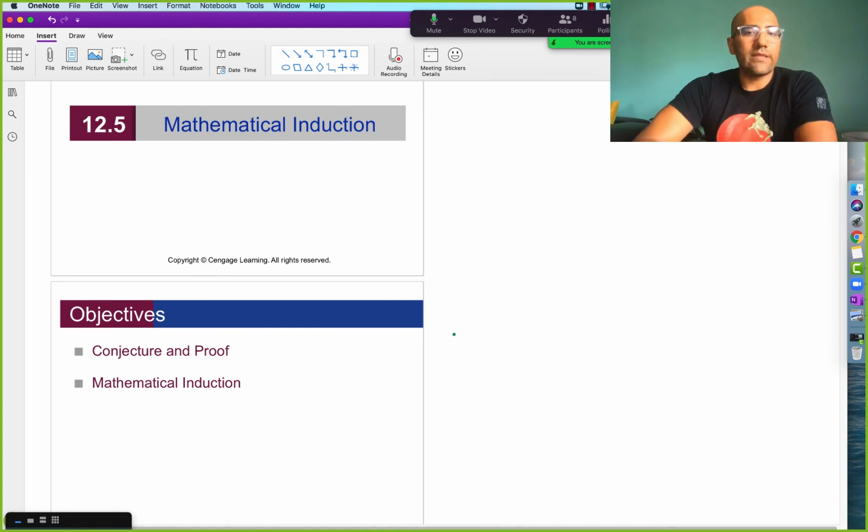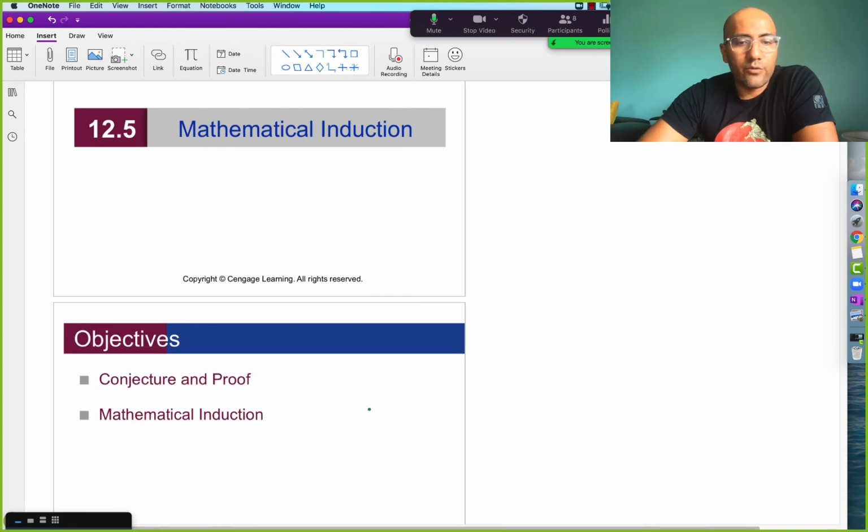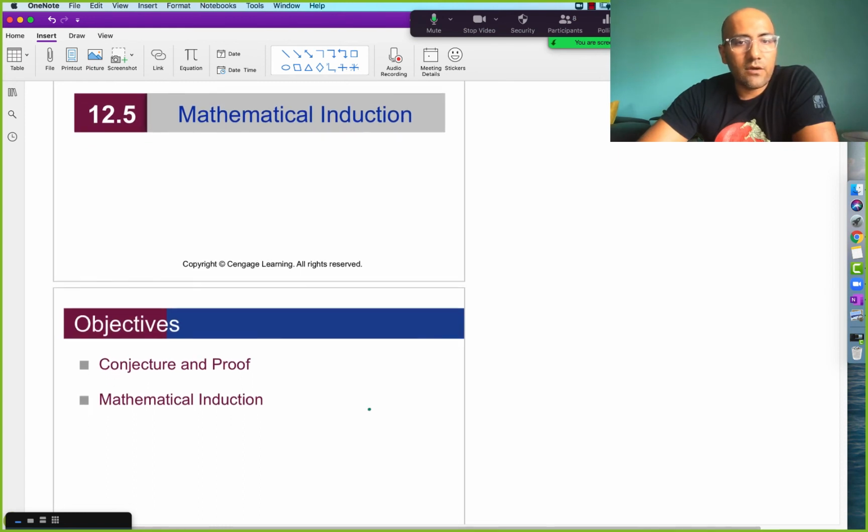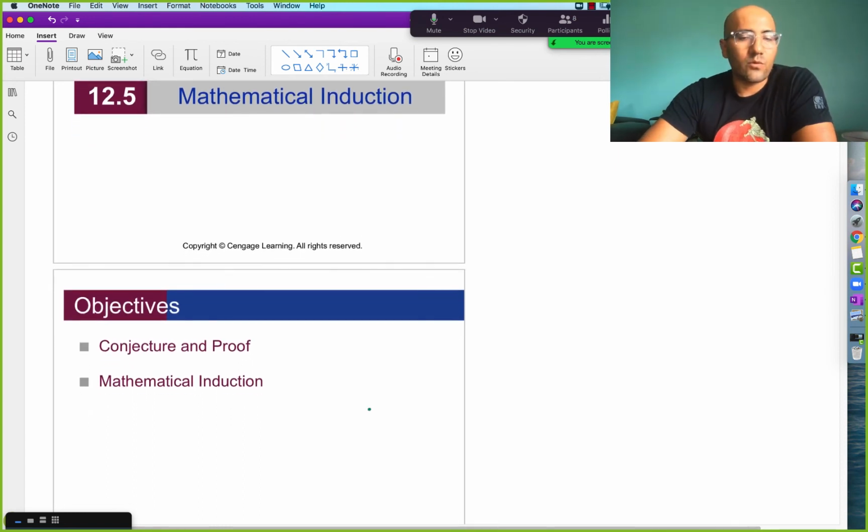So in this section, we'll be introduced to the method of mathematical induction, of course, but we're also going to introduce a little bit of language in terms of conjectures and proofs, what's the difference and how you do them. And of course, one way of proving them is through this method called mathematical induction, and that's what we'll be covering in this section.